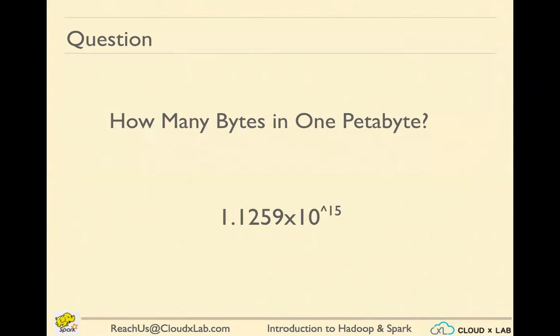So approximately this is the value, and yes, I have copied it from Google. The way you can remember is kilo, mega, giga, tera, and then peta. It's basically a multiple of 1024.